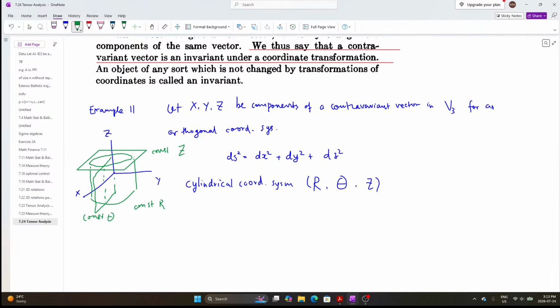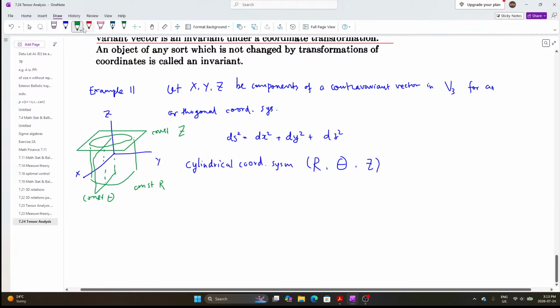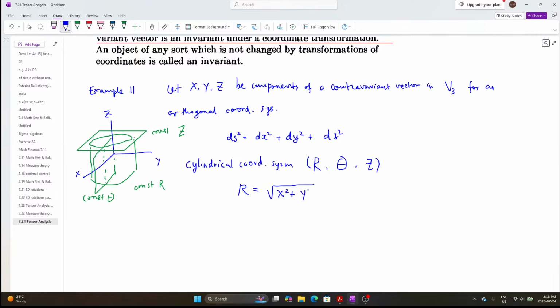Constant zeta surface. So what's the relationship between Cartesian and cylindrical? Well, from the picture, we can see that r is the square root of big X squared plus big Y squared. Once again, this is a local transformation.